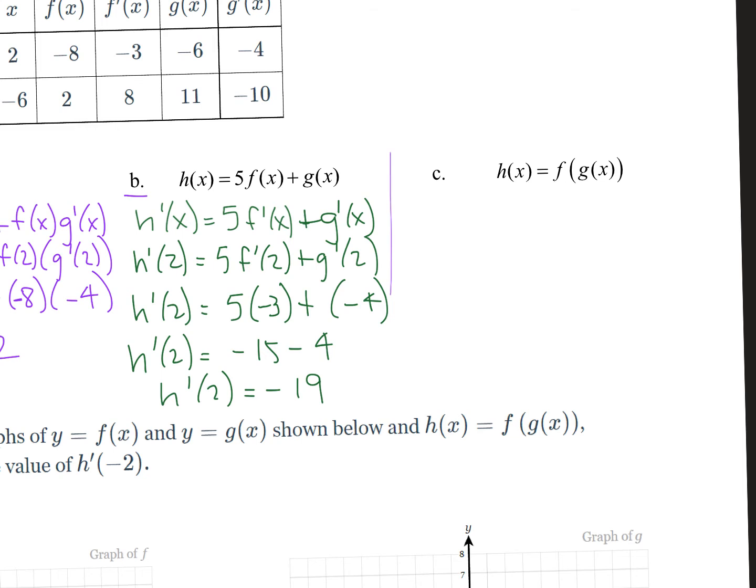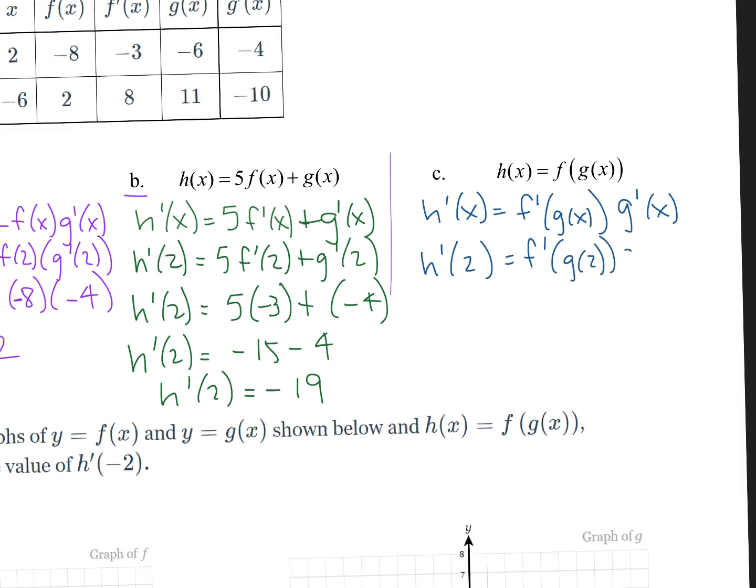For part C, I now have function composition, which means I have to use the chain rule. So let's figure out how to derive h prime of x. It's going to be the derivative of the original function times the derivative of the stuff inside. Then I need to change those things into 2's. It's f prime of g of 2 times g prime of 2.